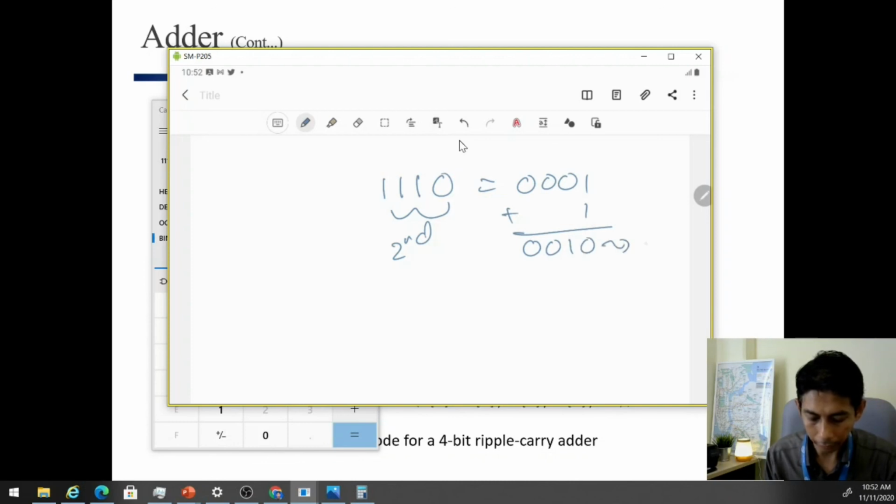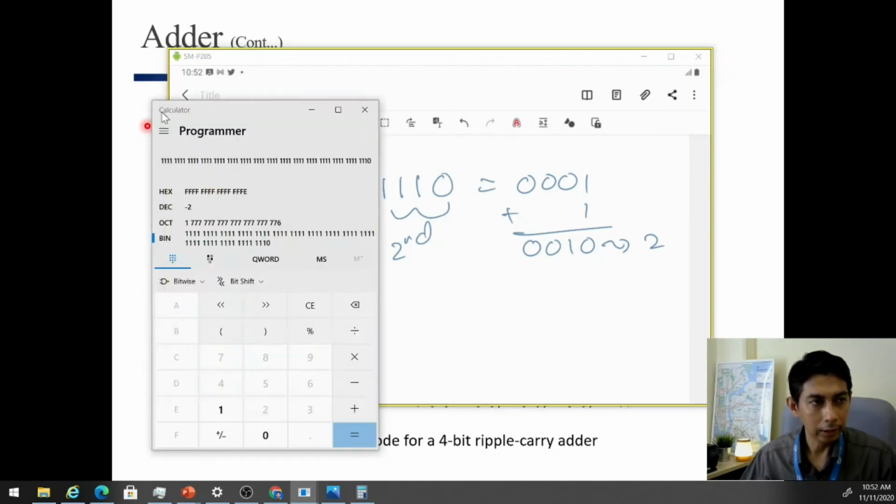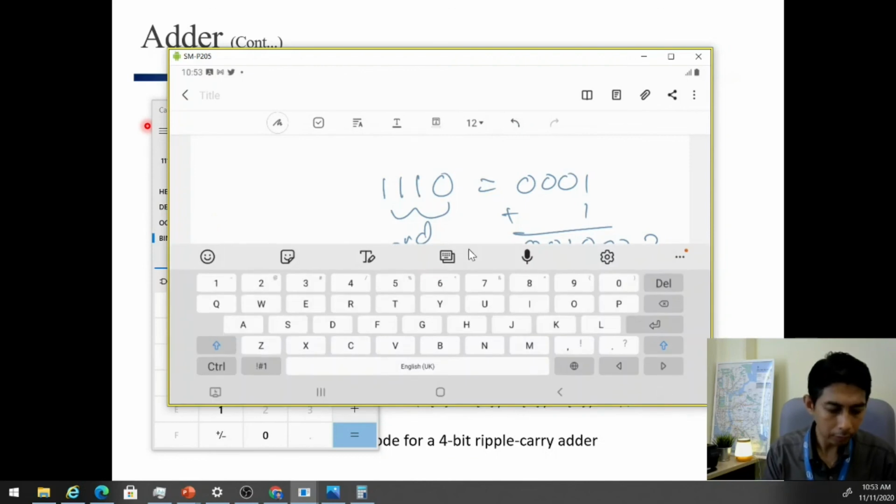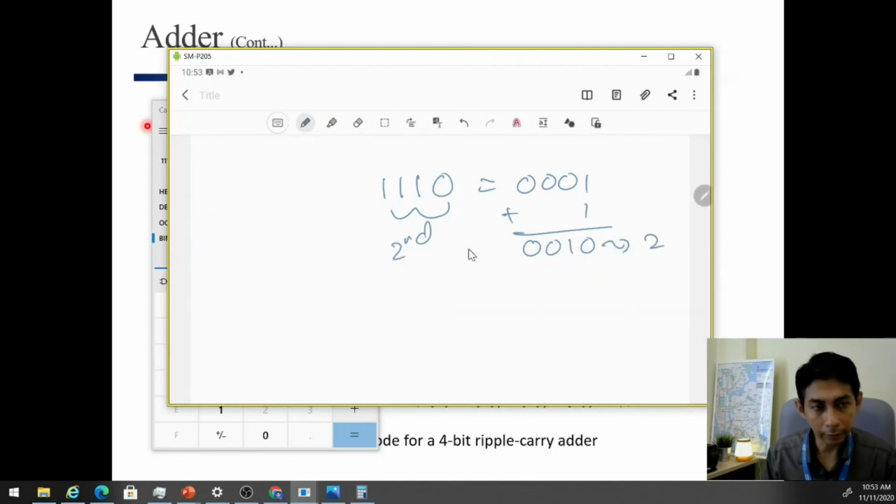So in positive it is actually number 2. This means that in a computer or in your calculator, the negative number is represented as a second complement number, and this is for 4-bit. For 4-bit, the positive number is like this.